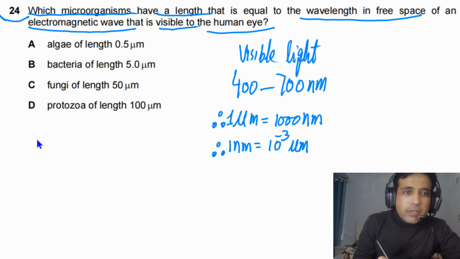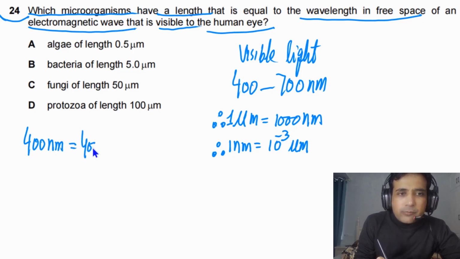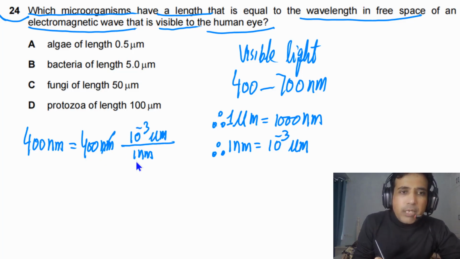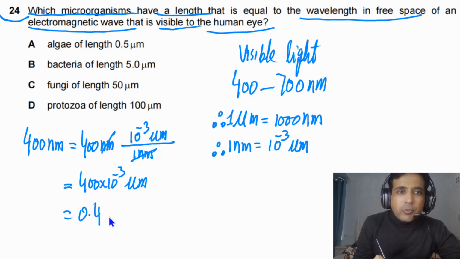So let's try to convert this one. We can say this is 400 nanometer. We want to convert this one into micrometer. So we can multiply by 10 to minus 3 micrometer per nanometer, and we can cancel the nanometer. So simply we are left with 400 times 10 to minus 3 micrometer. It simply means that this is equal to 0.40 micrometer.